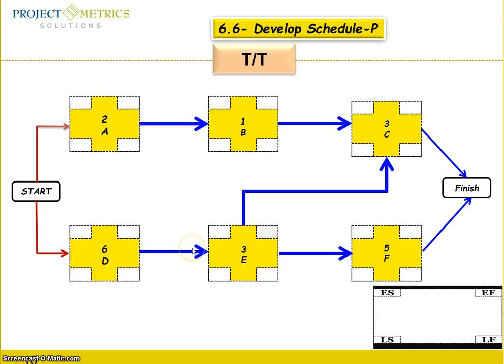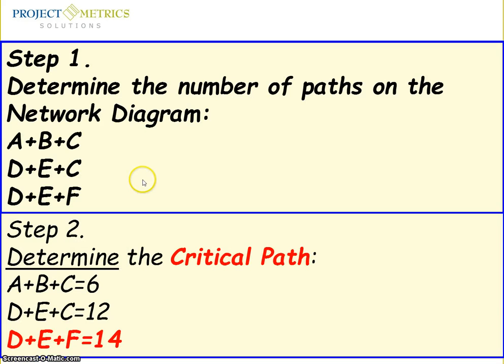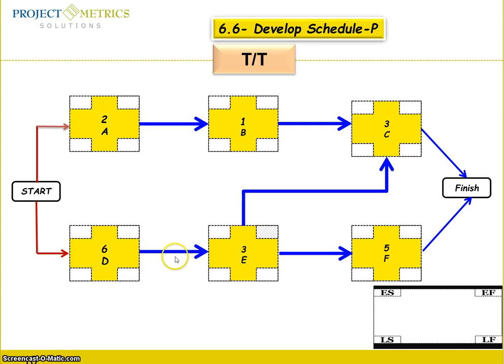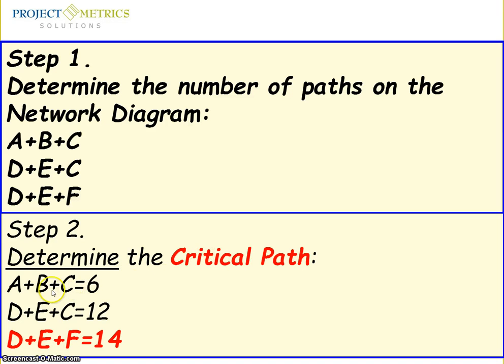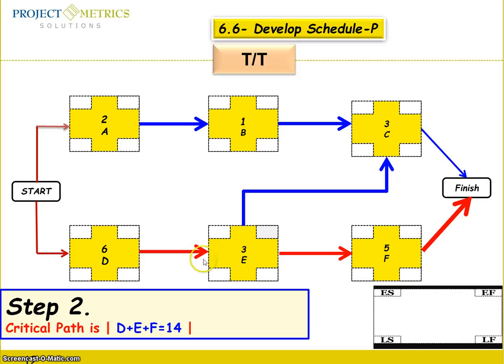Which is the longest path? We calculated and found that D, E, F, the one in red, is the longest path. So this is the critical path.